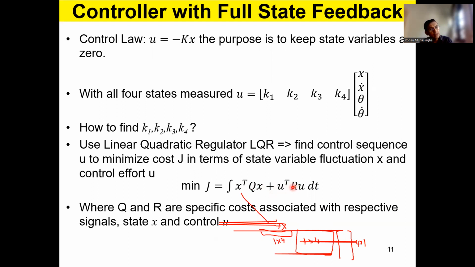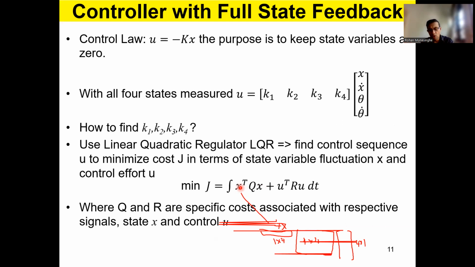Sometimes you might say, I don't worry about the control signal. I can use any amount of electricity, any amount of fuel, that's okay. But I want the least amount of fluctuation in the state variables. I want to keep state variables not changing much.